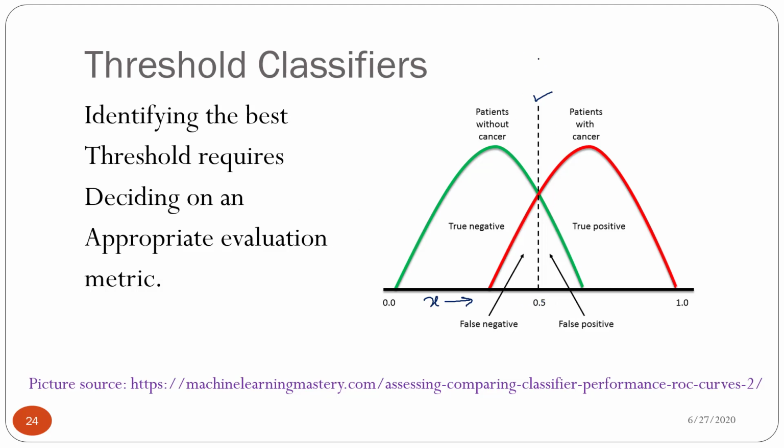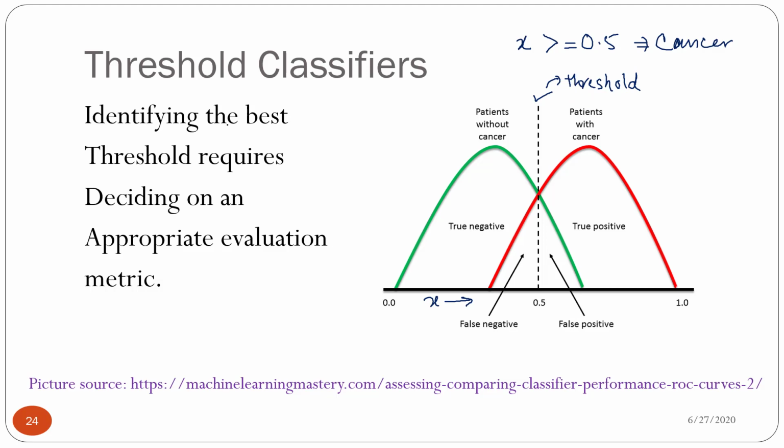Using this diagram I can have this rule which says that if x is greater than or equal to 0.5, it is cancer. That's something you can see from this figure as well. This is the threshold. The vertical line that you see is the threshold.